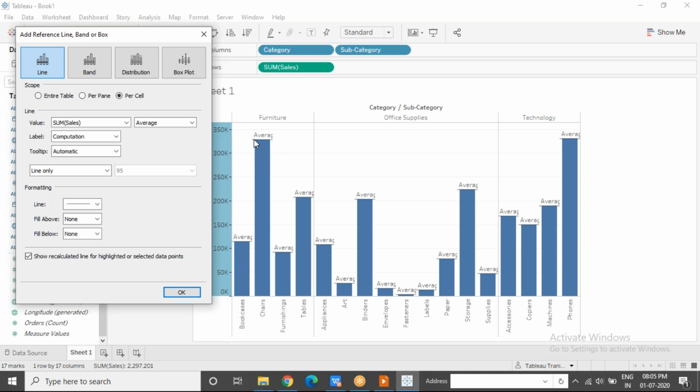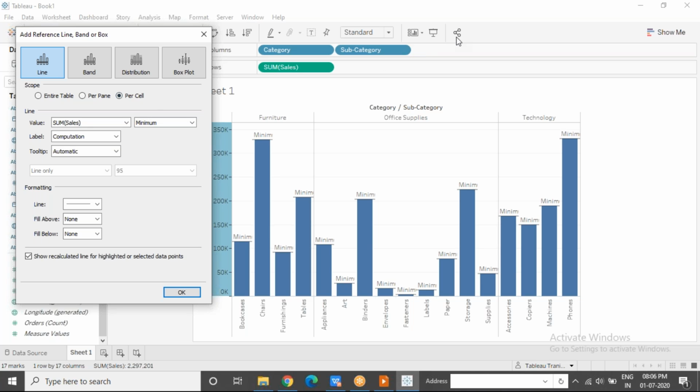That's why you see the line is basically at the tip of the bar. Whether you say average or minimum or maximum or median or sum or total, it really does not matter in this case, right? Because it is a single value. It doesn't matter how you are aggregating it, you will get the value itself. That is why it doesn't matter what you do if it is per cell.